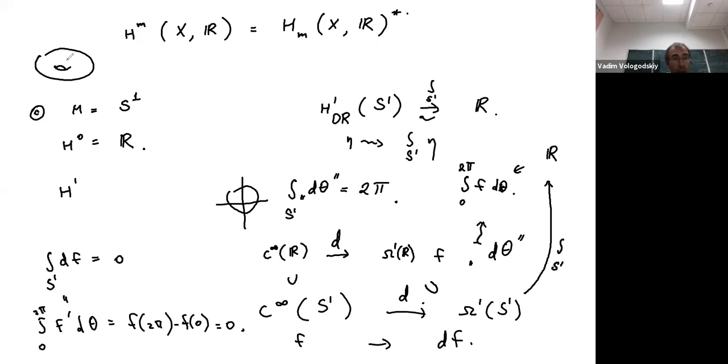You can look at closed one-forms on the torus, and there is a well-defined operation that assigns integration. You can integrate a closed one-form along any closed path. In fact, you can integrate any form along any path. But for closed forms, the integral along a closed path is deformation invariant. It doesn't change if you deform this path slightly.